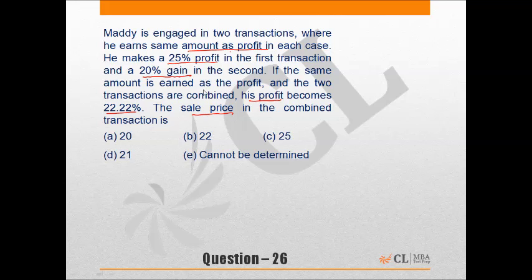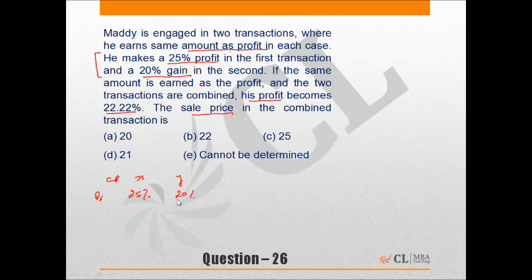Let's look at the initial data. Let me assume that the cost prices of the items which are sold in each transaction are X and Y. He makes 25% profit in the first transaction, and the second one is 20%.